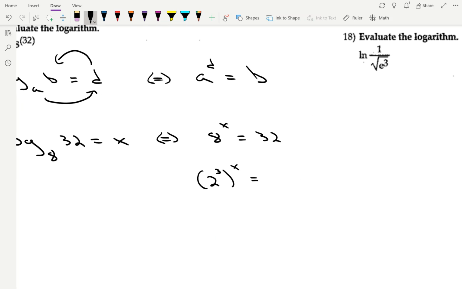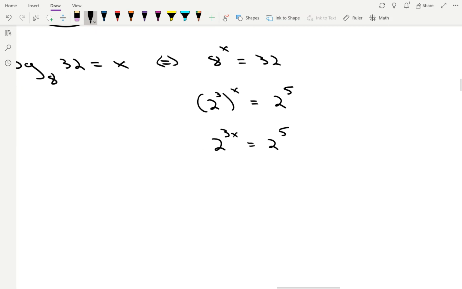And what is 32? 2 times 2 is 4, times 2 is 8, times 2 is 16, times 2 is 32. So that's 2 to the fifth. When you raise a power to a power, you multiply, so 2 to the 3x equals 2 to the fifth, and using the one-to-one property you get 3x is equal to 5, or x is equal to 5/3.